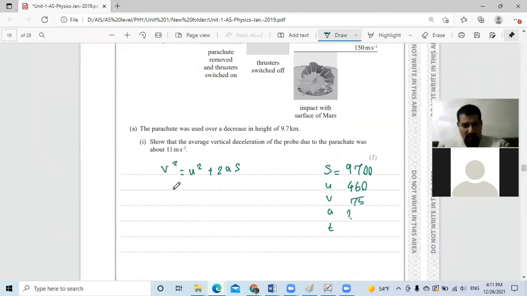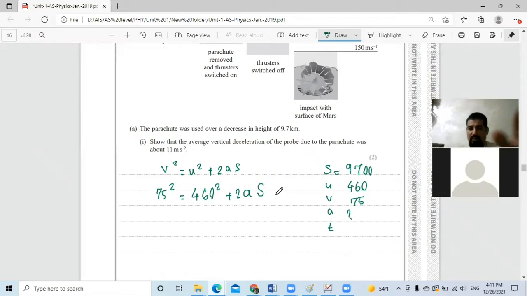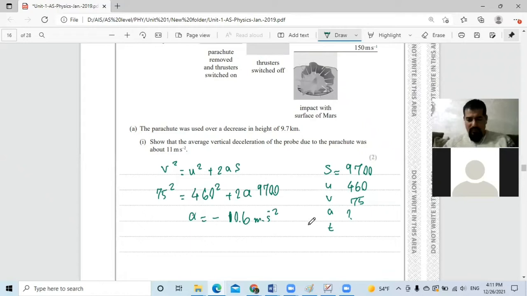By substituting the values here, 75 squared equals 460 squared plus 2, the acceleration that we want to find, multiplied by s, which is the displacement, 9,700. By using the calculator, the deceleration equals negative 10.6 meters per second squared.